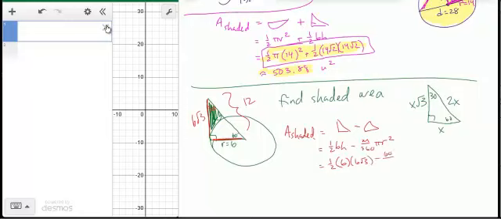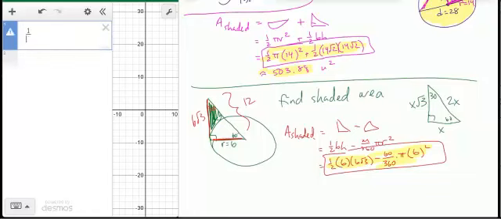minus our degree measurement. The m value is 60 degrees over 360 times pi. The radius was given as 6. And so once again, easiest thing to do is just type in the equation that you would use. If you type that equation in, it will give you your calculated value.